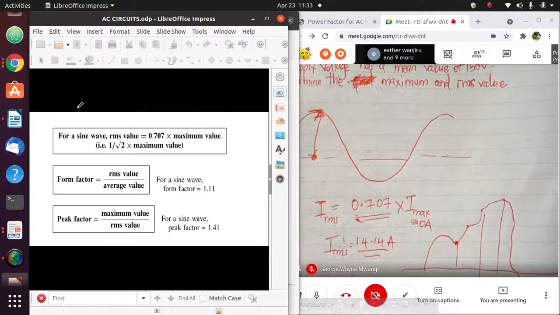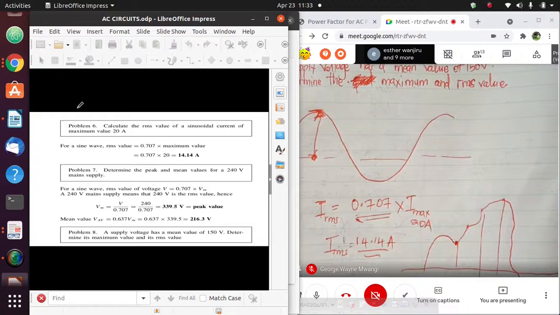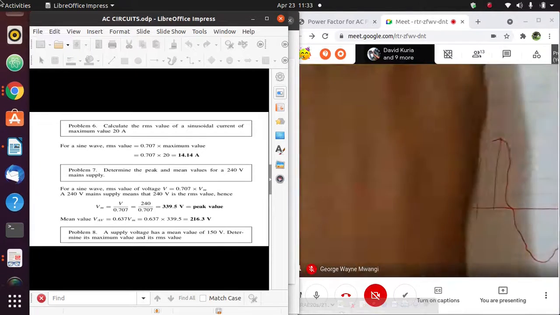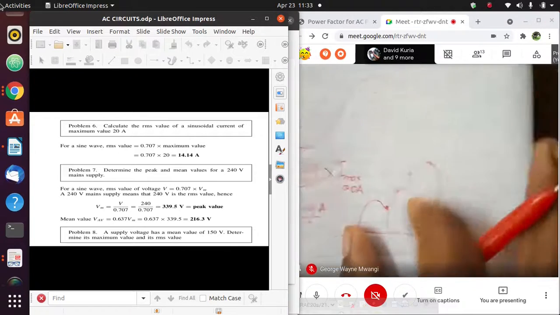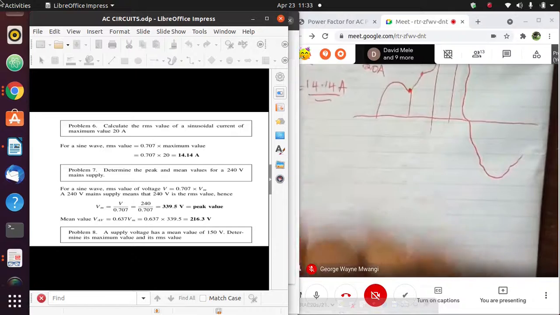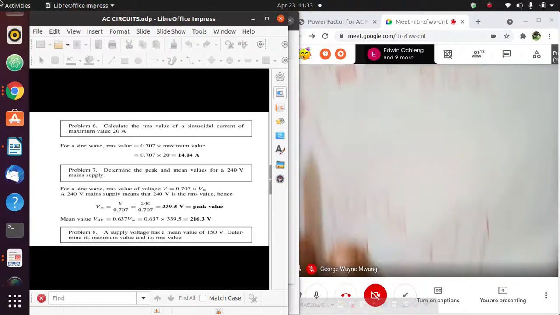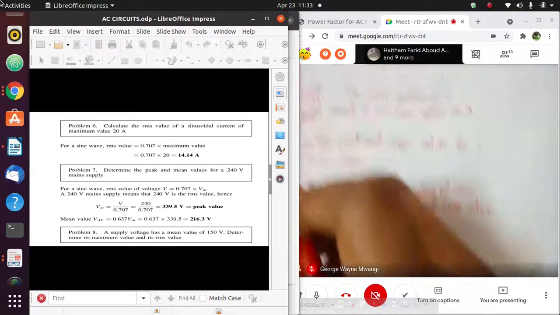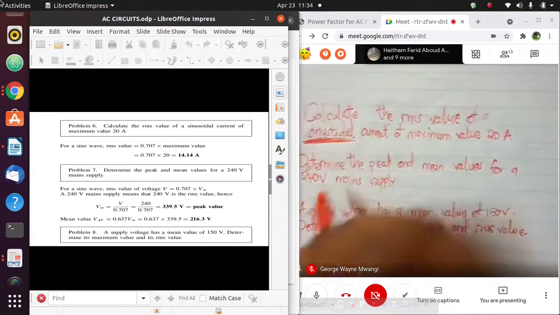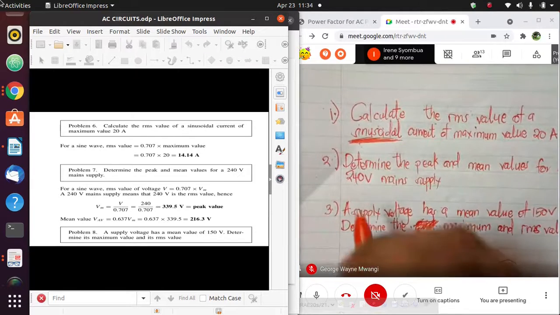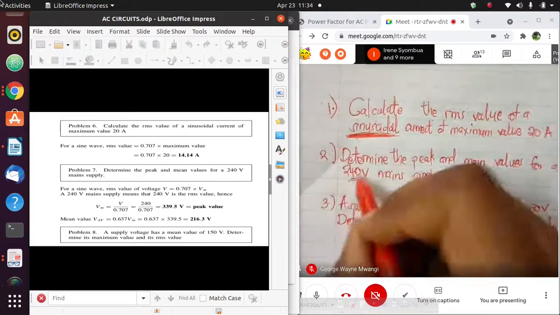Now the second question: you've been asked to find the peak and mean values for a 240 volt main supply. I told you last time that when you're told, for example, 240 main supply, in most cases the 240 from the supply line is the RMS value. They won't write 240 RMS; it is assumed that the supply from the main is the RMS value.